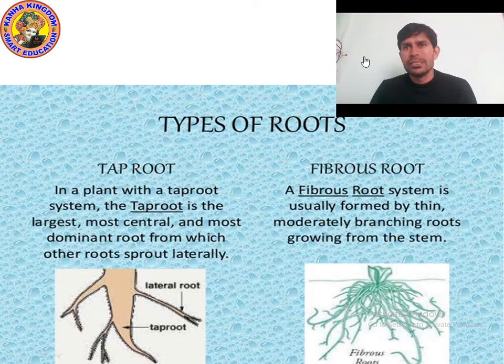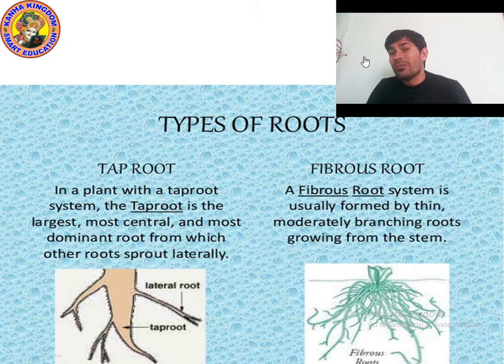You might have seen taproot, and I think you have seen fibrous root also. Wheat, maize, bajra, jowar, sugarcane. If you see, their leaves are very long.